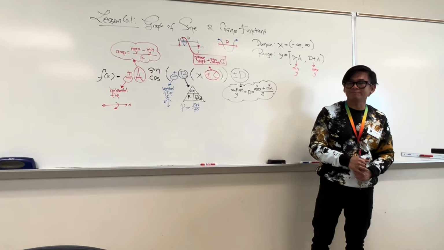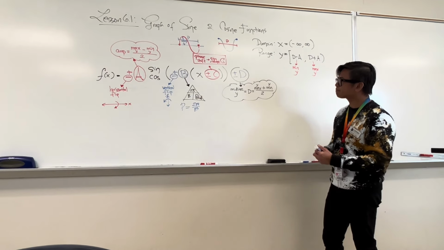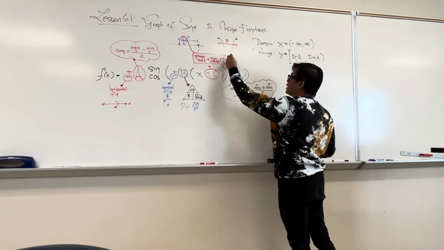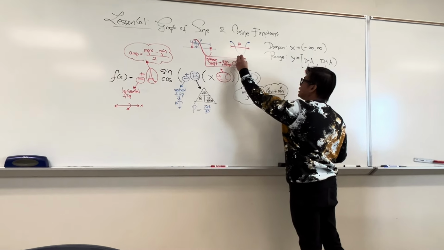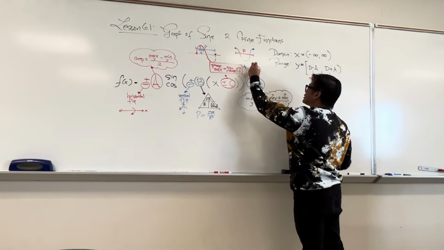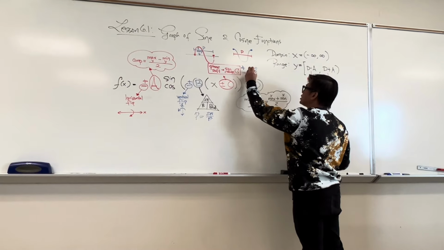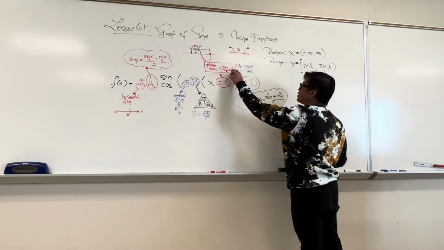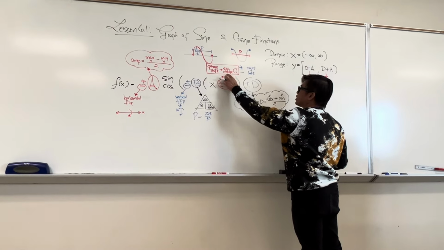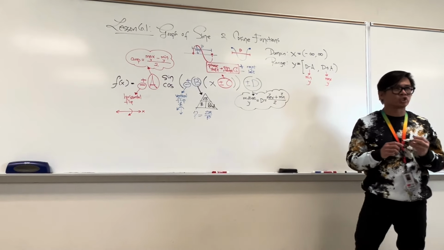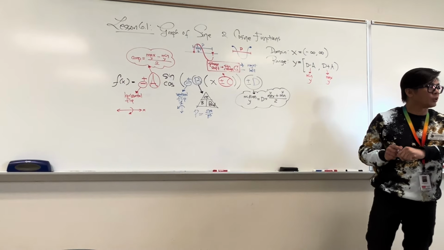Plus means you move to the right. Minus means you move to the left. Whatever that C is, you change its sign, and that will determine whether it goes to the right or to the left.